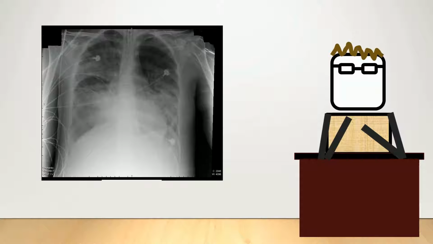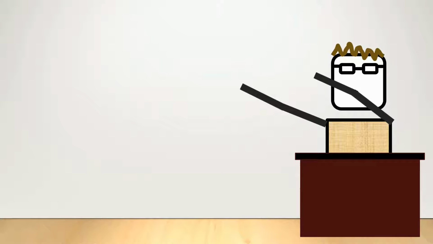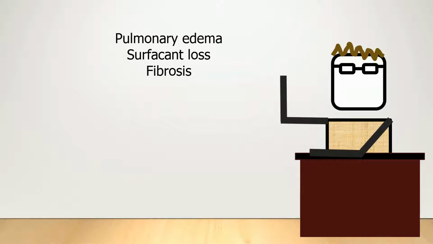Originally, this was thought to be a diffuse disease, but CT scans have shown that the pattern of disease varies across lung segments. Despite this variation, there's a general pattern that occurs. Early on, there's a high permeability edema, where the airspace is flooded by a protein-rich fluid and cellular debris.